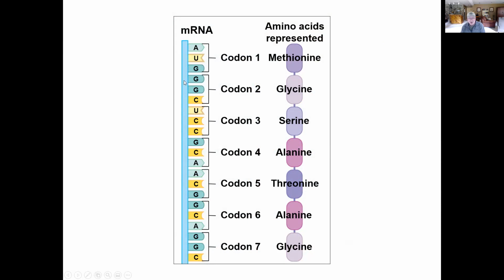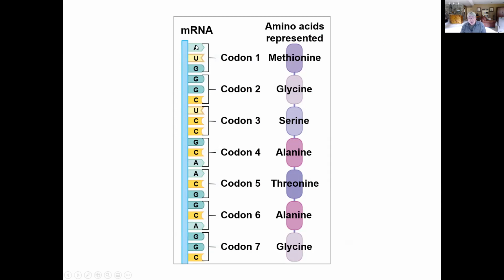This blue structure here is representing the sugar phosphate backbone, right? We don't see those here, but we need to understand you have the sugar phosphate backbone holding that polynucleotide together, with the base bonded to the sugar, and then the phosphate and sugars making up that backbone. So we're just focusing here on the nitrogenous bases.